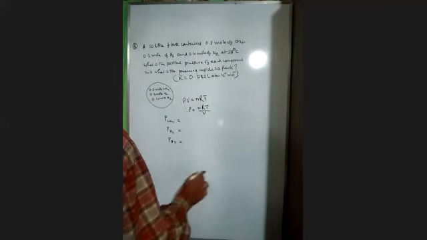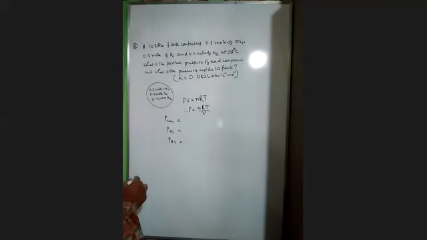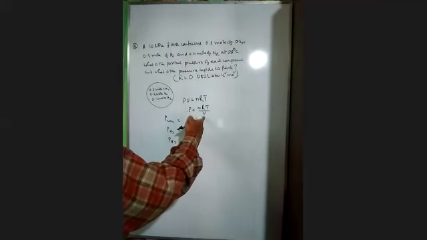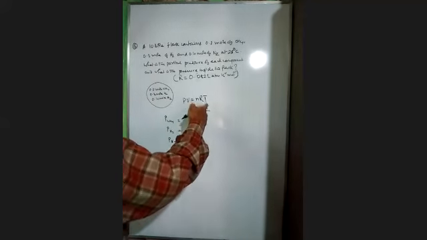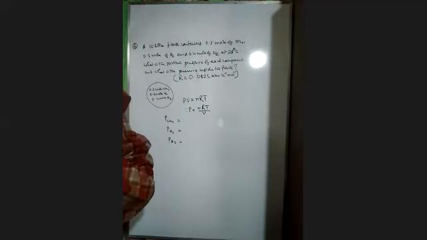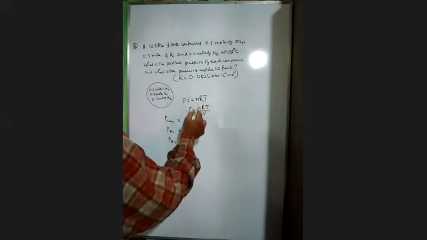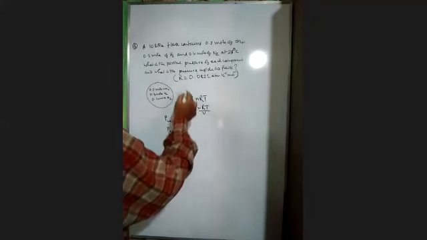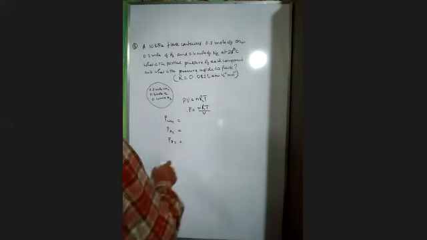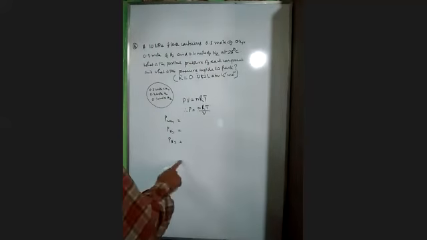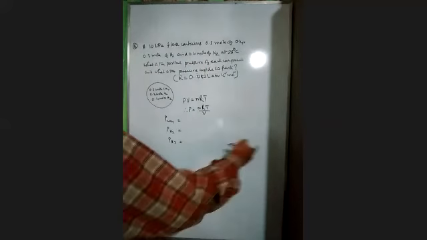These are the partial pressures. Please remember, for all of them V is the same, and T is also the same. Only n is different. Moles they have given. Find them out, and after that you add them to get the pressure inside the flask.